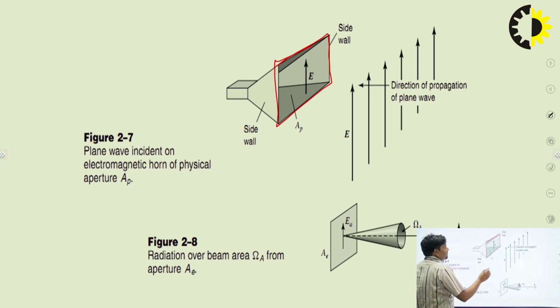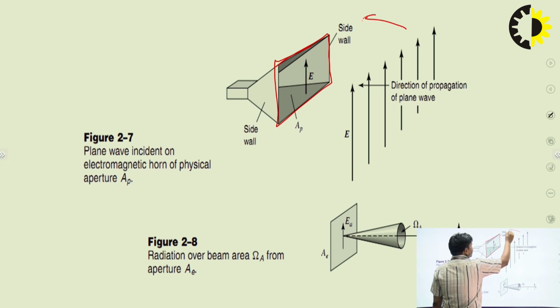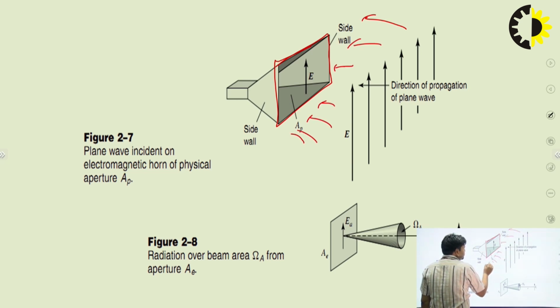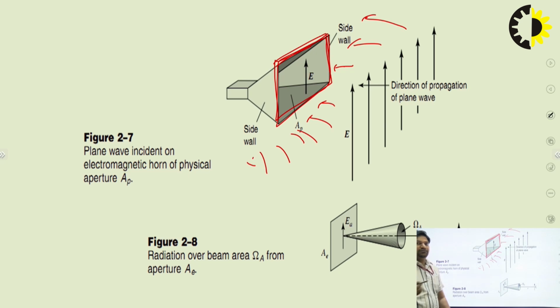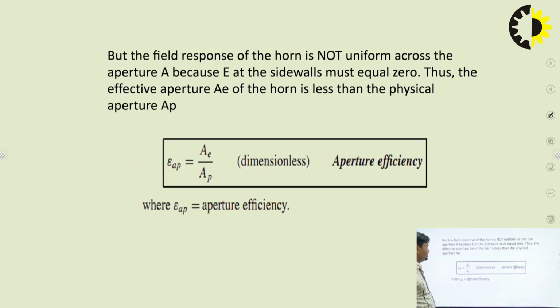How much power is radiated in that fashion, and how much is received by the antenna? The greater the aperture, the greater the receiving power of the antenna, and the gain of the antenna also increases.